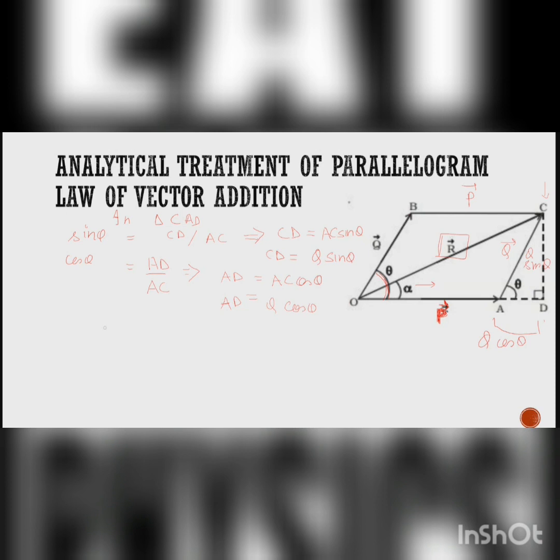Now it's really simple. We go back to almost the same procedure which we followed for the triangle law. Yes, go ahead. Ma'am, we can say now that AD and CD are the rectangular components of AC. We can say that, but right now I have not discussed the components of a vector.